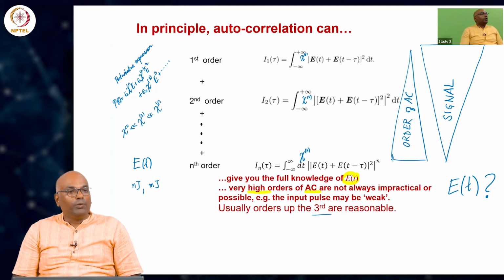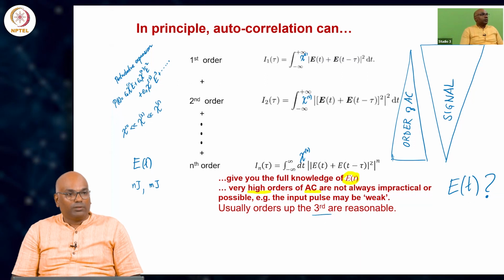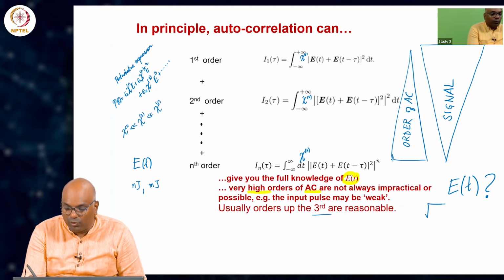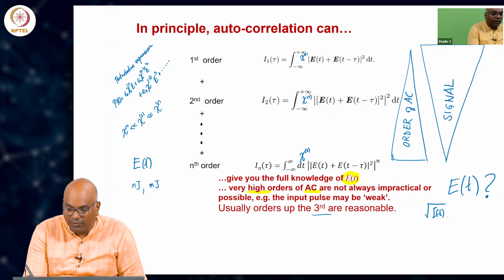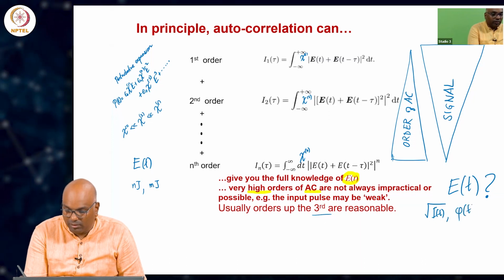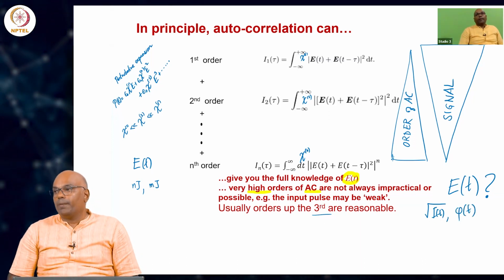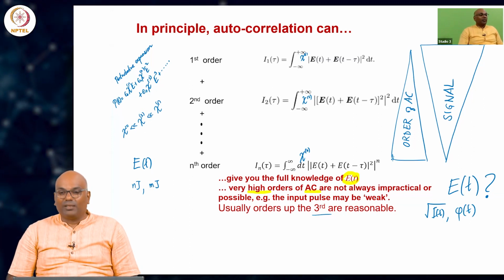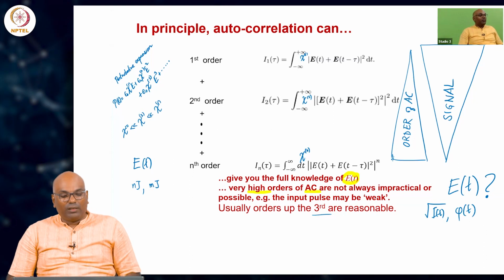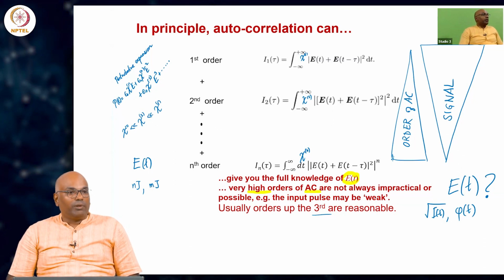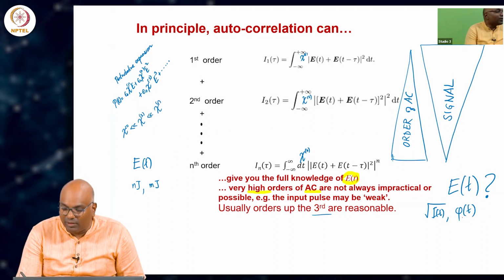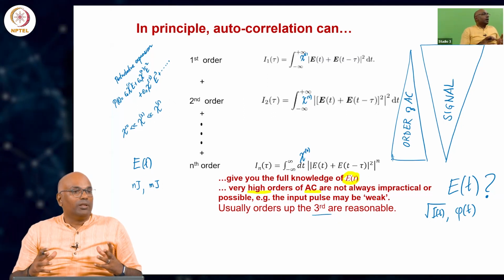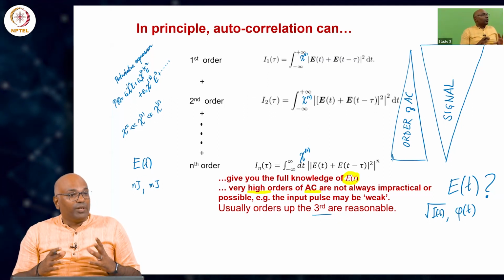All you know and all you need to know is E of t, which you can say has two pieces, I of t and phi of t. One thing conspicuous by just a first look at our entire approaches, we have not addressed the question of having anything to do with phi of t so far.